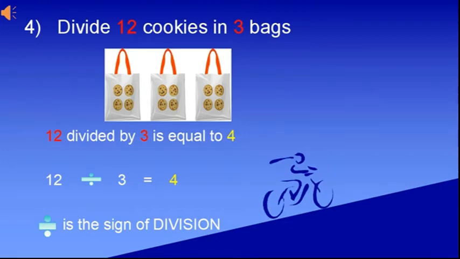We write it as 12, put the symbol of division, then 3 equals to 4. So each bag will contain 4 cookies each. Remember, when we want to share objects or group objects equally, we are actually dividing them.